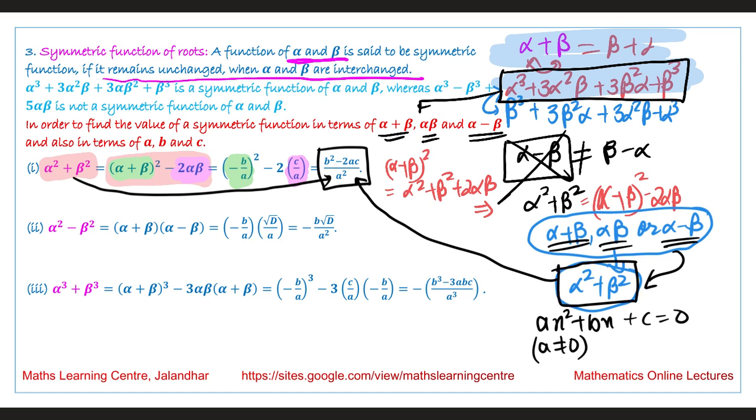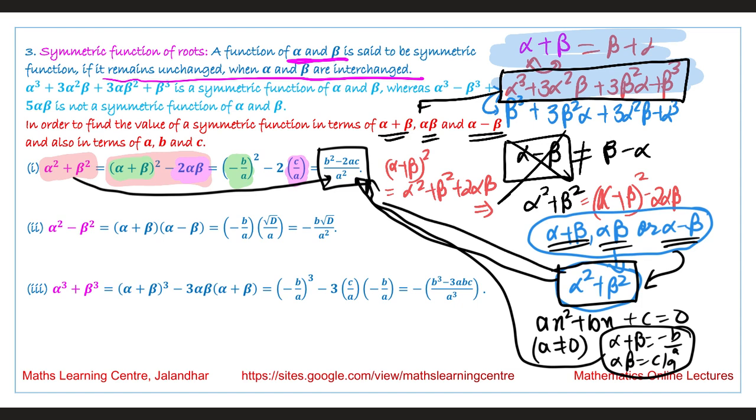We know that the value of alpha plus beta is minus b by a, and the value of alpha into beta is c by a. We will substitute both these values in this formula and we will obtain the answer of alpha square plus beta square.